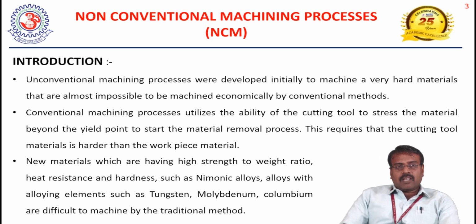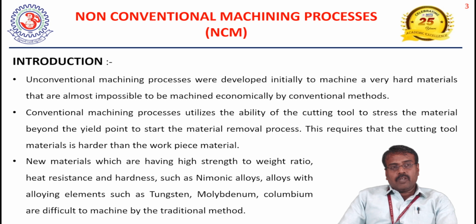Whenever we are thinking about new materials, they have to be machined in a manner such that high strength to weight ratio, heat resistance and hardness are maintained, such as nimonic alloys, and alloys with mixing elements like tungsten, molybdenum, and columbium, which we can mix to make composite materials, which are very difficult to machine by traditional methods.